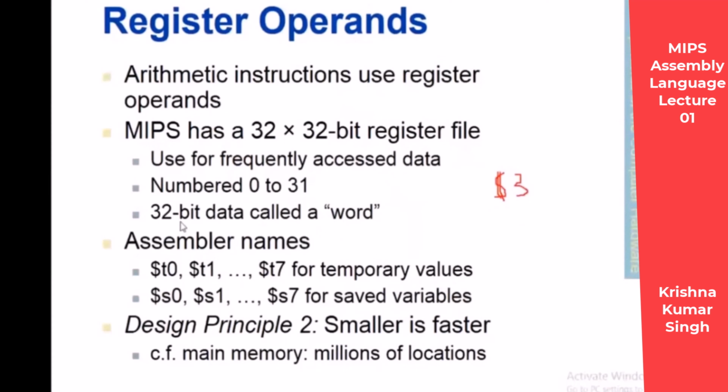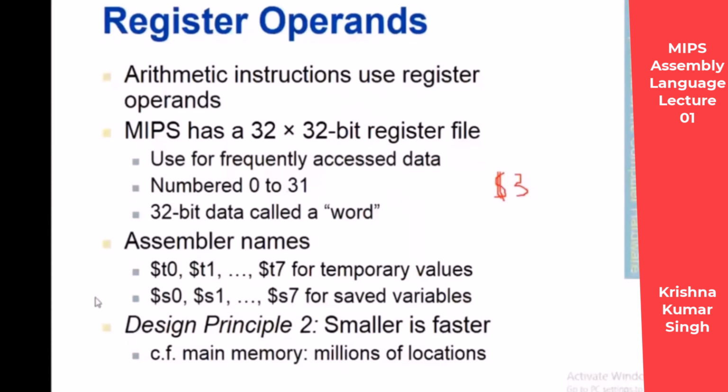Also, to make it easier to use the different registers, the assembler gives them names. There are 8 temporary registers, $t0 to $t7. You can use them in your code, and there are also saved variable registers $s0 to $s7, and other names given to the remaining 16 registers in MIPS.